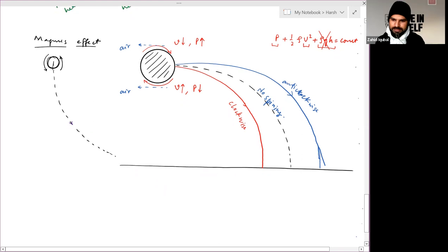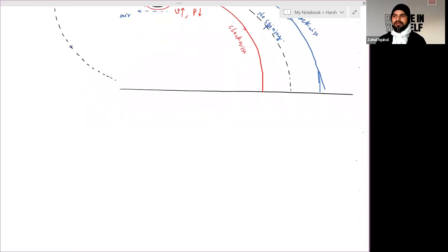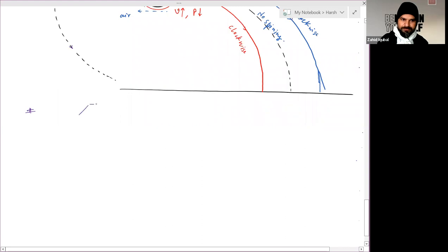The next related application: you'll be asked, suppose you have a paper, folded inward like this.